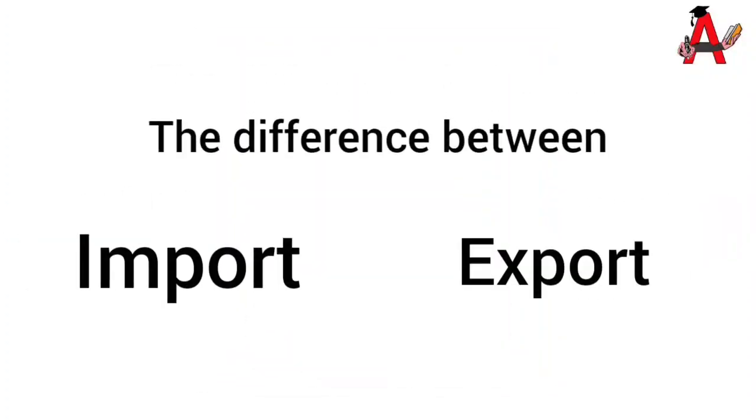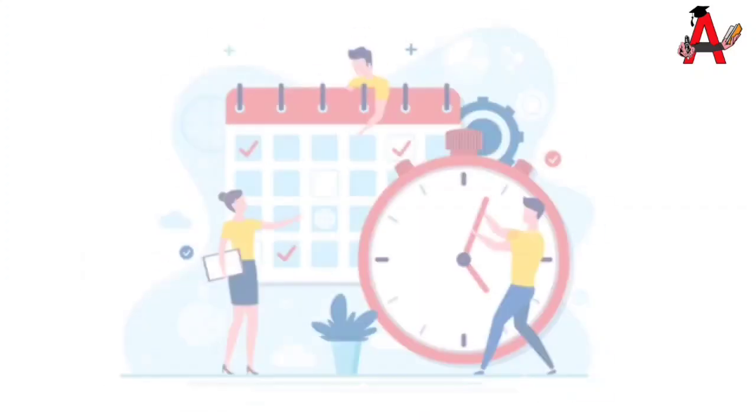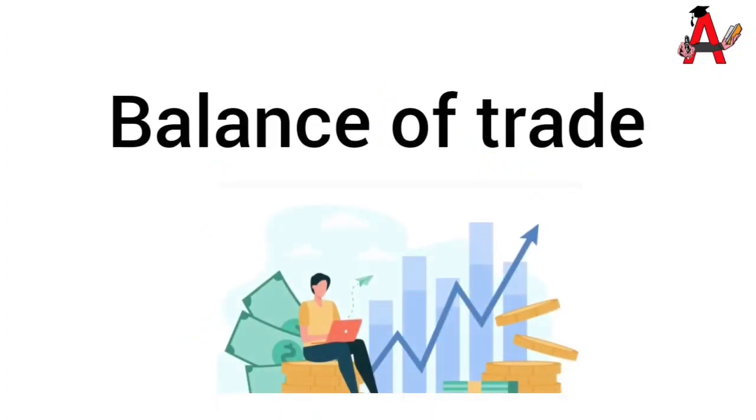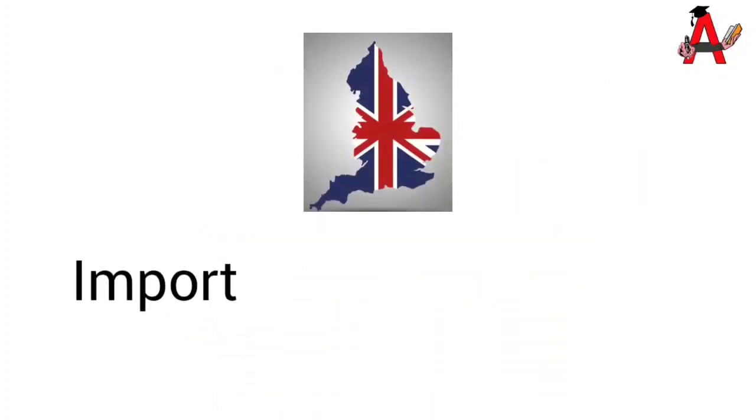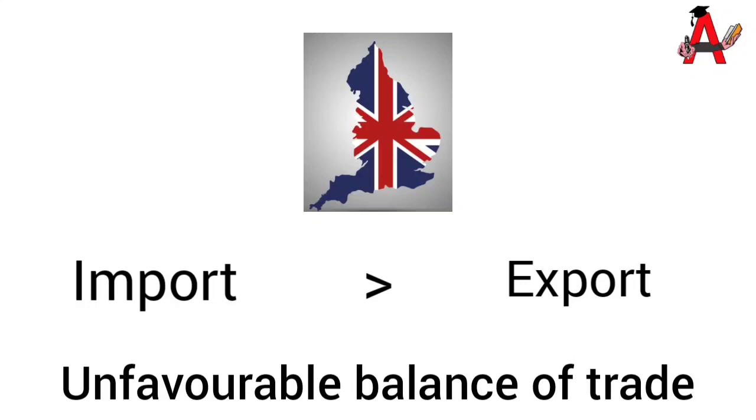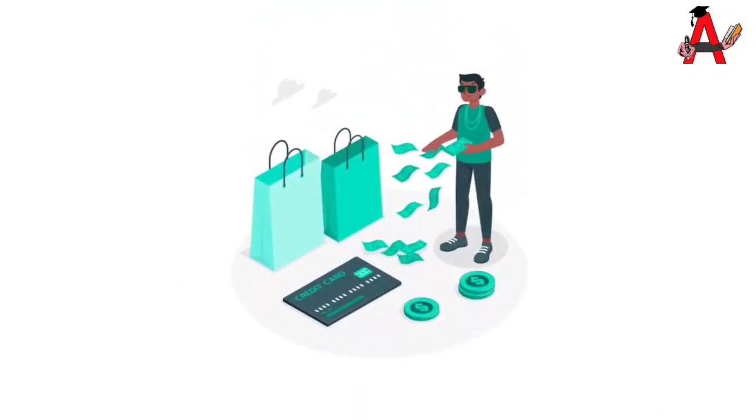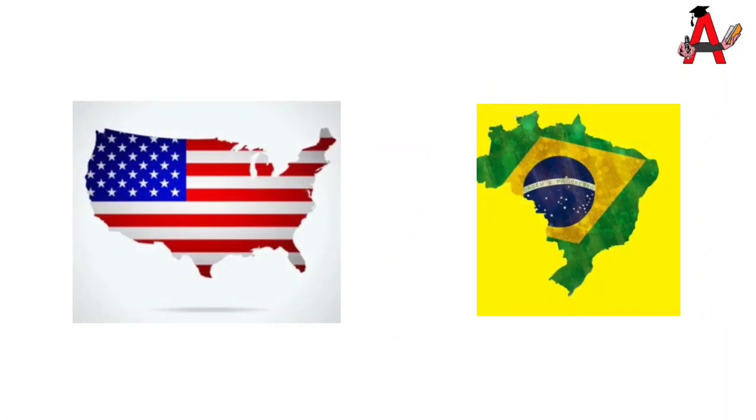Now, have you all heard the concept of balance of trade? The difference between the import and export values of a country during a specific period is called balance of trade. For example, when the import of a country is greater than the export in terms of value, it's called unfavorable balance of trade. It means you're spending more in purchasing goods from other countries and your export is less.